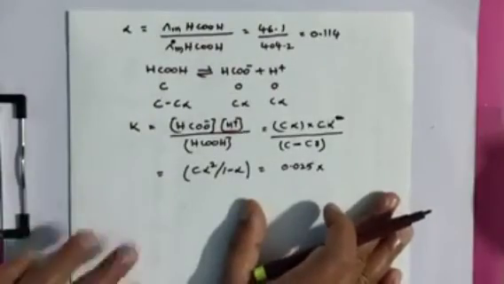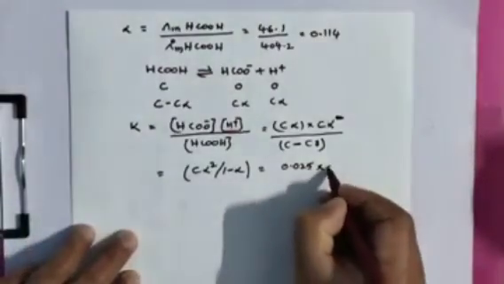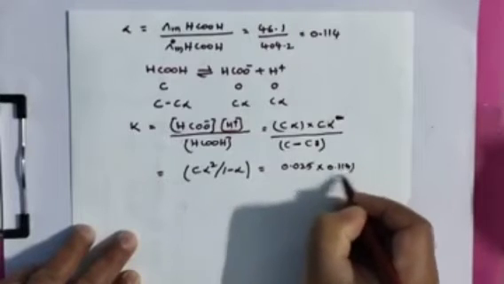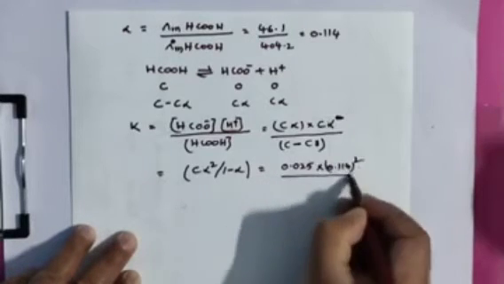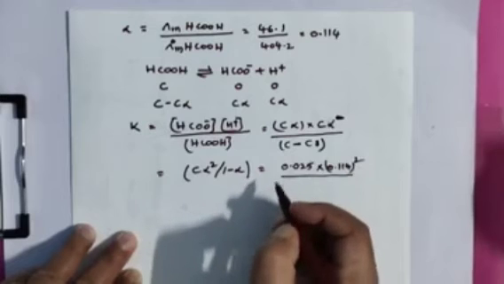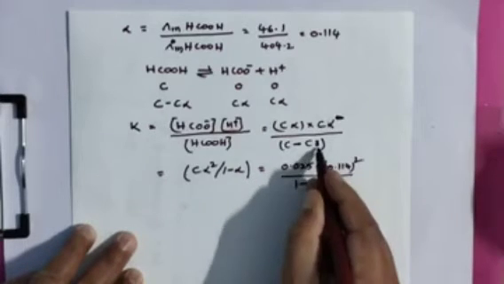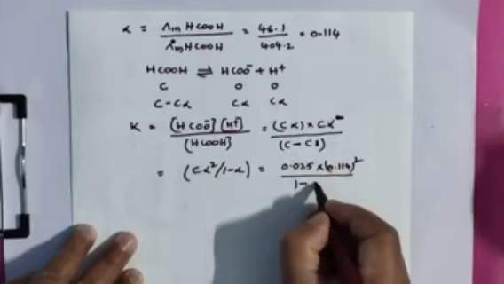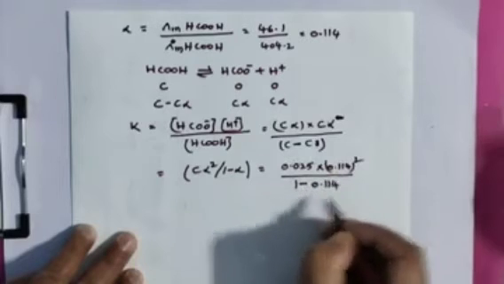So alpha square is 0.114 whole square, upon 1 minus alpha, 0.114.